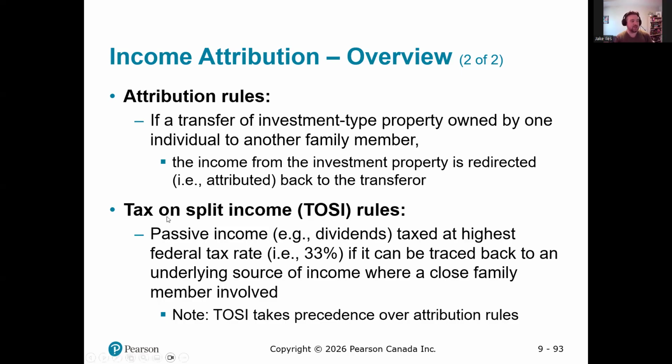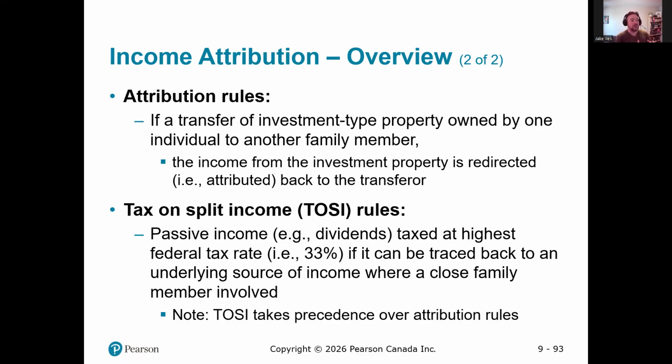If that income's determined to be TOSI income, a tax on split income, then they're not going to benefit from those low tax brackets. Their income's going to jump straight to the highest federal bracket, 33%, and likely the highest bracket in the provincial rates as well. So me trying to save taxes by putting the income in my child's name just makes it jump to the highest tax bracket, so there cannot be tax savings.